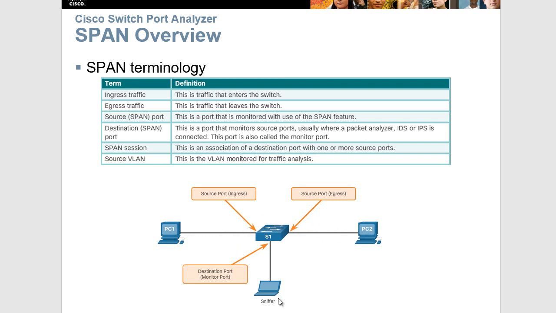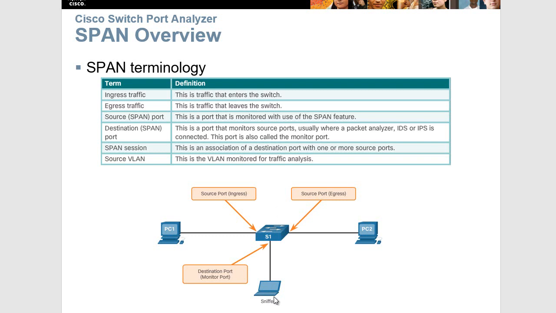So these two ports here, for instance, their traffic is going to be sent to our device down here, which is going to monitor traffic. Your destination port is the port that traffic is sent out through for analysis. So it's reading on these two ports and sending the traffic down to our device down here so we can analyze or monitor the network.